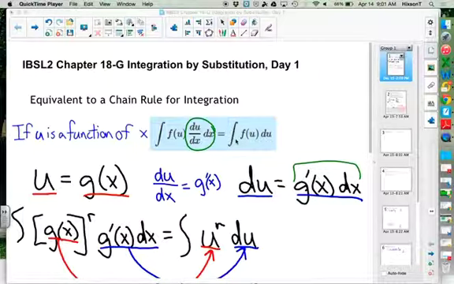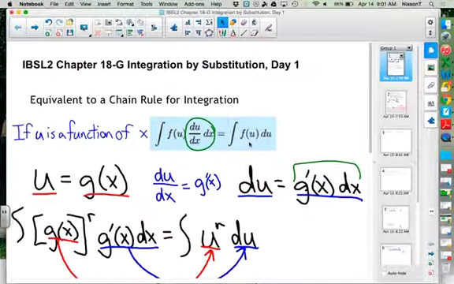We said that if you're getting the integral of this composite function, and you also have the derivative of that function in your integral, then you can integrate it as f of u du. So we looked at recognizing that inner function, the u, finding the derivative, and then expressing that in terms of du.